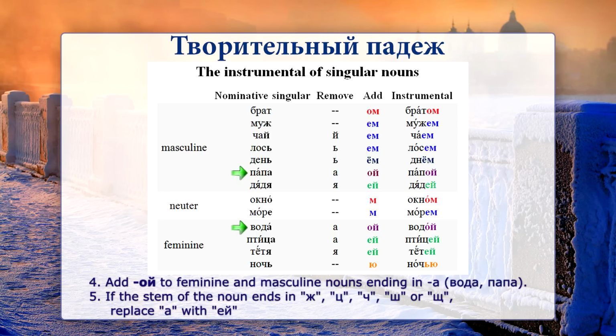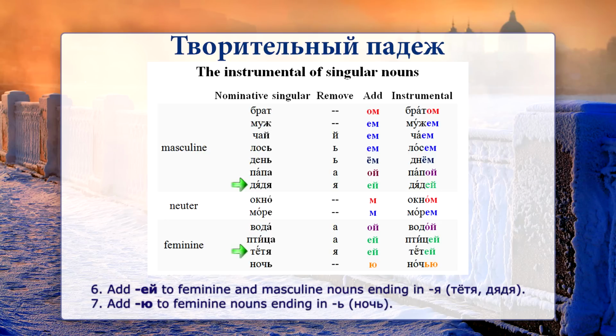We add ой to feminine and masculine nouns ending in a. For example, вода – водой, папа – папой. If the stem of the feminine noun ends in ж, ц, ч, ш, or щ, we replace a with ей, not ой. We add ей to feminine and masculine nouns ending in я.